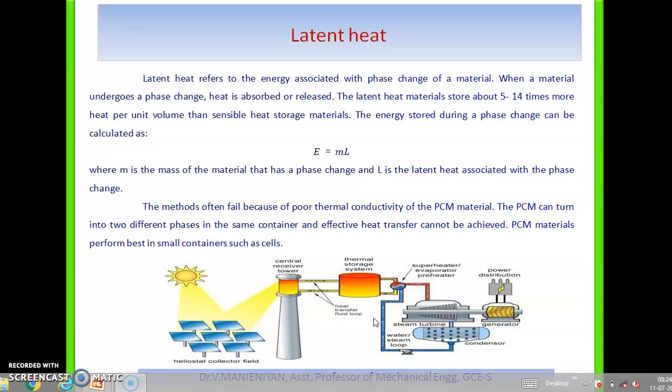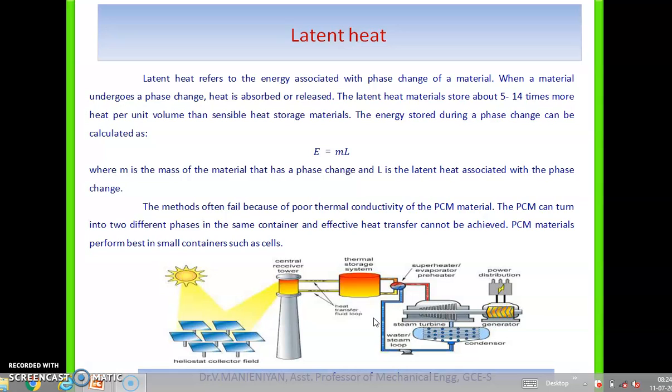It must occur with limited supercooling. It must be possible to contain the material and transfer heat in and out of it. The cost of the material container must be reasonable. And the phase change must occur close to its actual melting temperature.